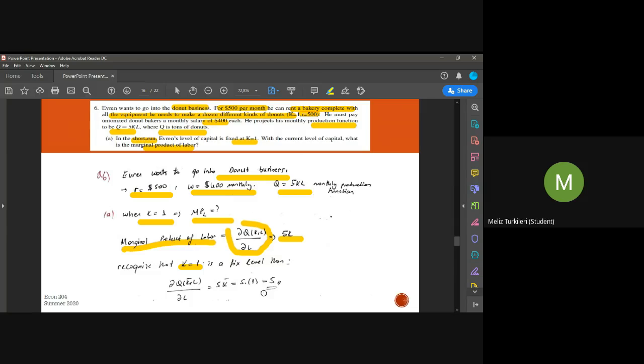Since K equals 1, if I plug this information into the marginal product of labor, I find that the marginal product of labor should be equal to 5 when K is equal to 1. I just used the formula for the marginal product of labor and plugged in the information that I derived from the question for the level of capital. That's all.